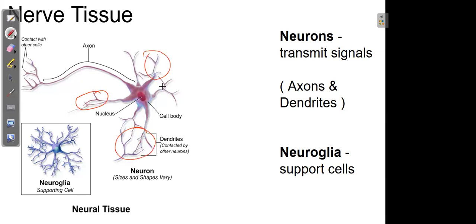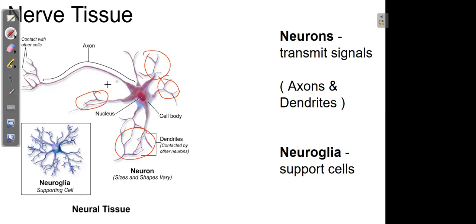The work of these dendrites is collecting the information from the surroundings. They collect the information from the surroundings and pass that as a message to the cell body. The cell body converts it into electrical signals, and those electrical signals can be transmitted through the axon to the nerve endings.